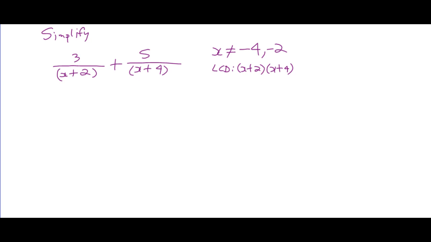So now, we're going to take this term, 3 over x plus 2, and we've got to multiply it to make an equivalent rational expression whose denominator is x plus 2 times x plus 4. So we're going to put an x plus 4 down here. So what goes up here?